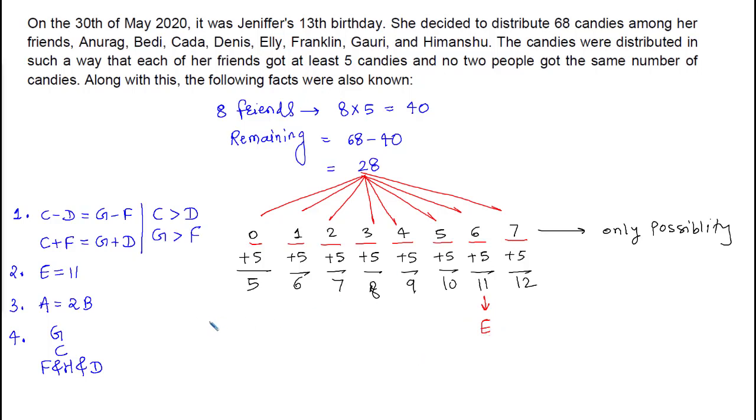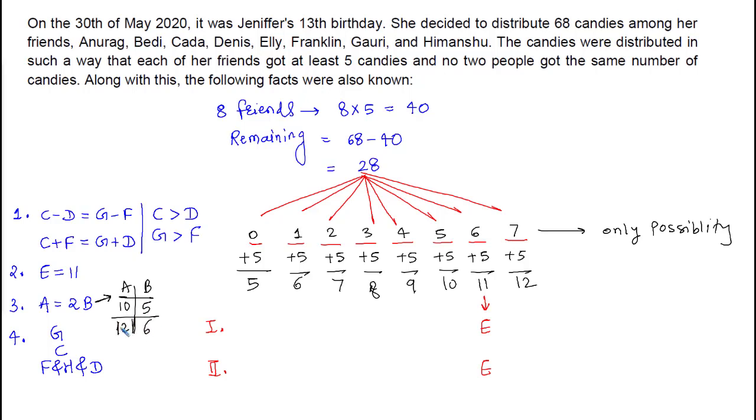So now there are 2 cases we can form, the first case and the second case. As per the third statement, A received double the number of candies than B. So if the value of B is 5, the value of A becomes 10. And if the value of B is 6, the value of A becomes 12. These are the only two possibilities.